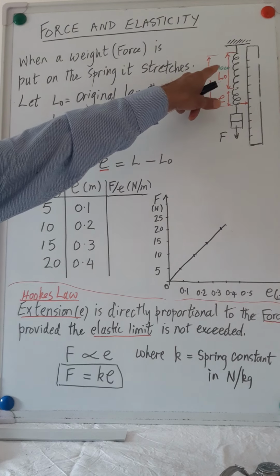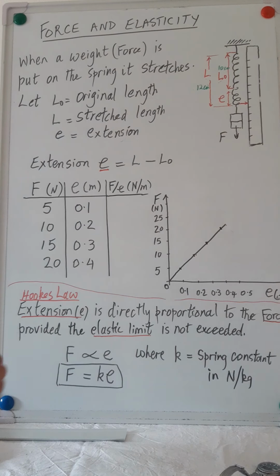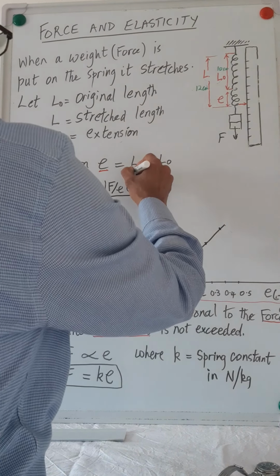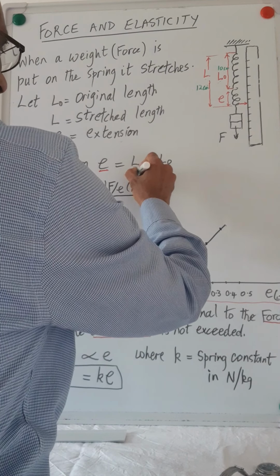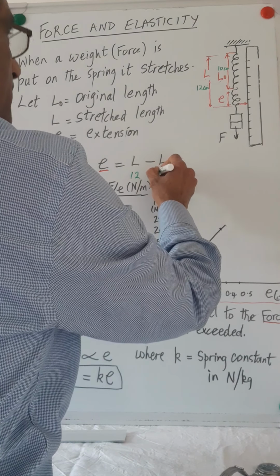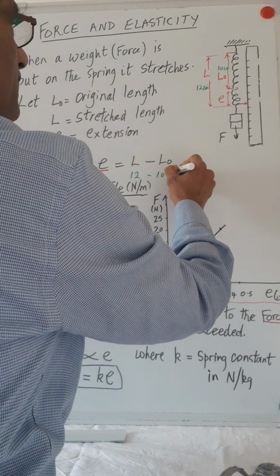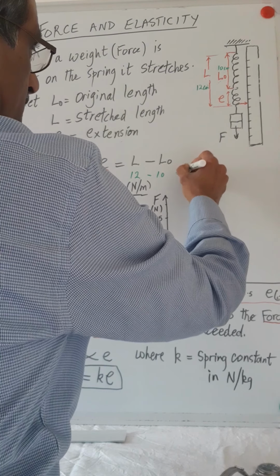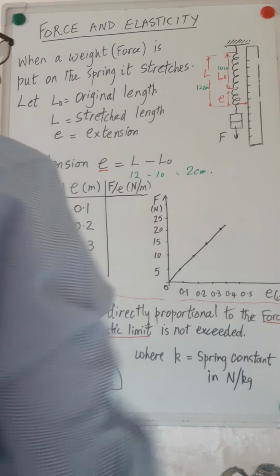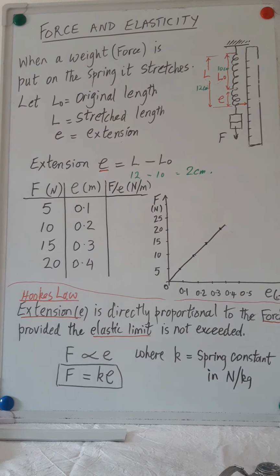Then the extension is going to be 12 take away 10, which is 2 centimeters. Okay, so we can work out the extension.